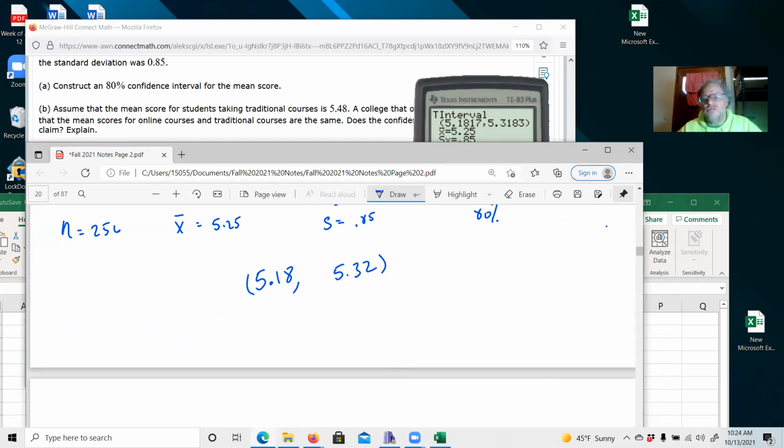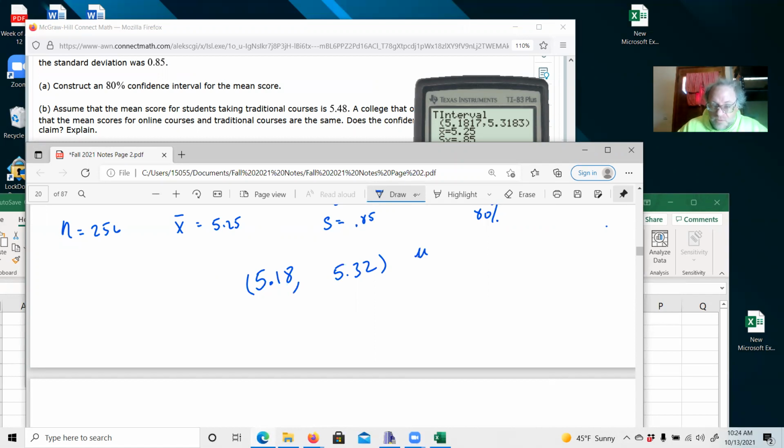So for the true average rating, the mu, we have an 80% chance, which is not very high, that this mu is inside of this confidence interval.